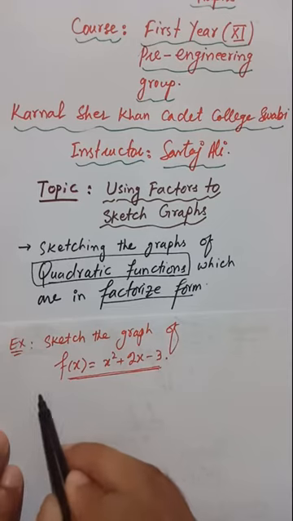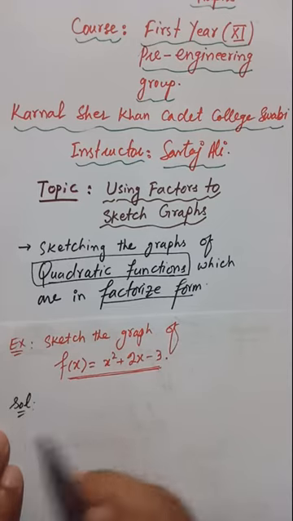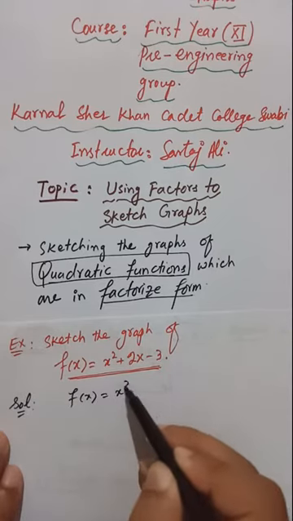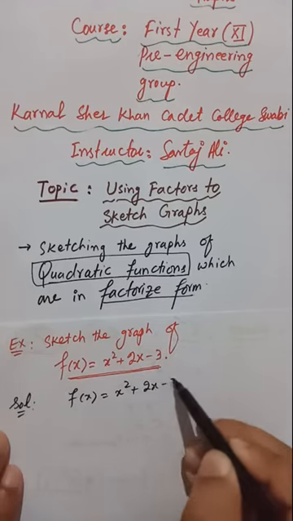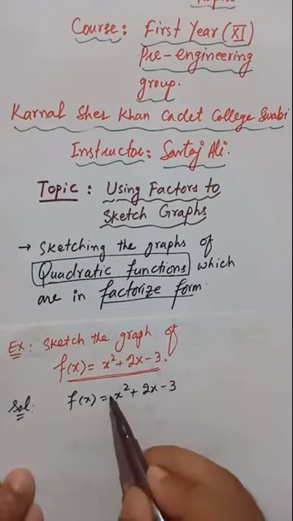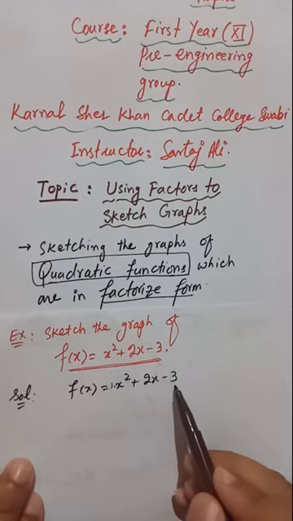By factorizing, we use the mid-term splitting method. f of x is equal to x square plus 2x minus 3. You clearly see that the coefficient of x square is 1. So when 1 is multiplied with minus 3, you get minus 3.